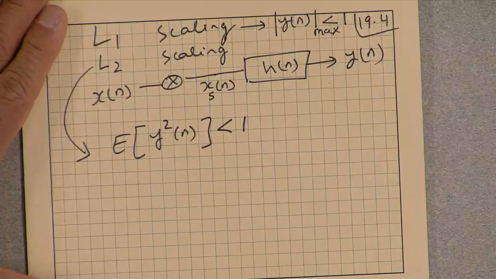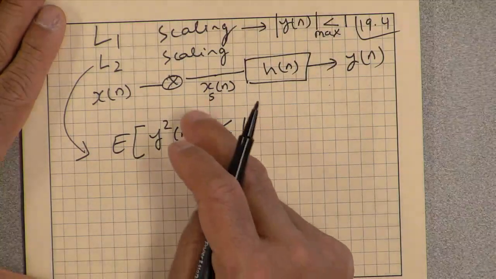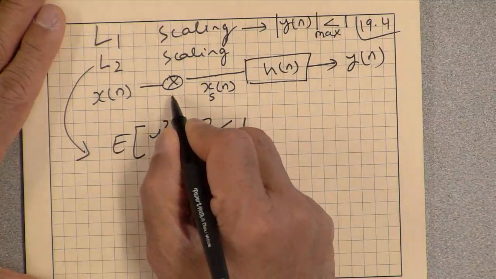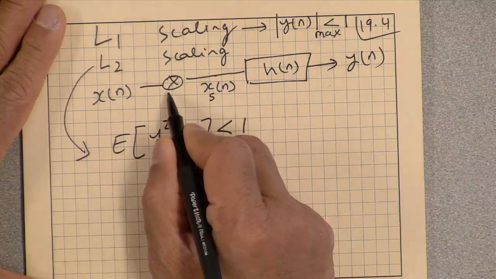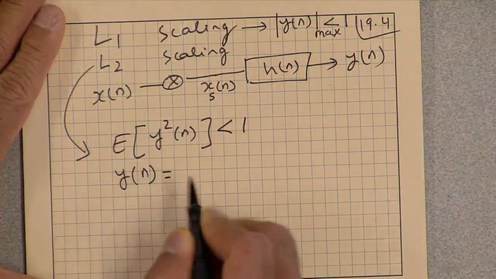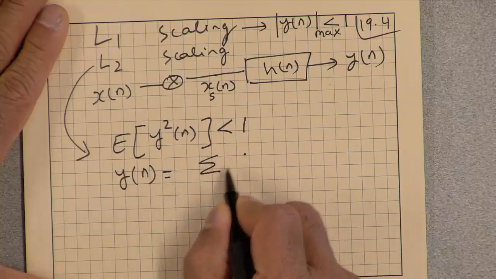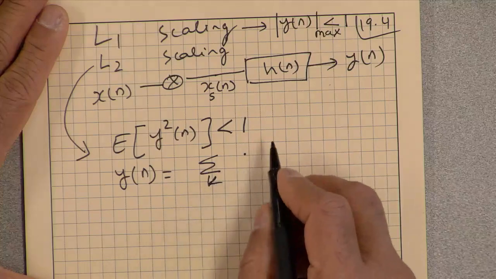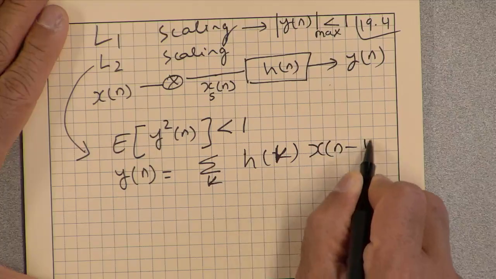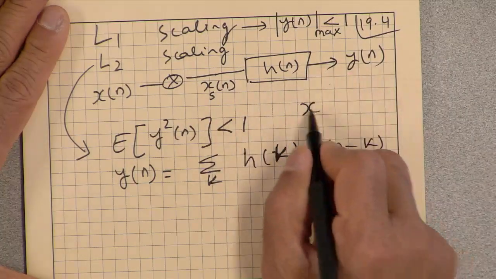So what might be the scaling for L1 scaling? How might I compute the scale constant S? y[n] is equal to the sum over k of h[k] x[n minus k], in a system with input x[n] and output y[n].